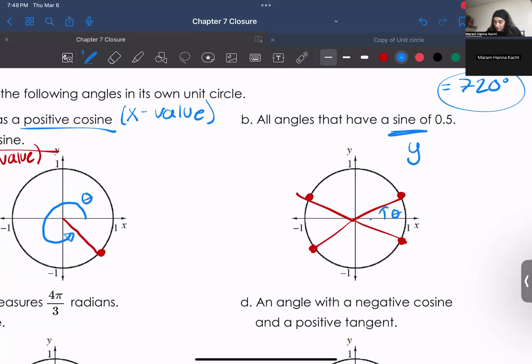Then again, I'd start at 0 degrees and it would point to this one. That's another one of my angles. Again at 0 degrees, all the way around over here would be my third one. And then finally, I'm still starting at 0 degrees and make an almost full 360, but just stopping at that 330 would be my fourth angle. So as long as it's a sketch and you can tell where they're at, it'll be okay.